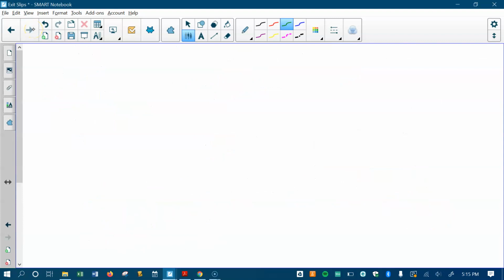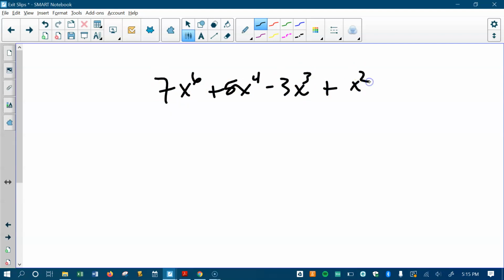And for the final one, because we're already on 24 minutes here, let's take this polynomial. Let's do 7x to the 6th plus 5x to the 4th minus 3x cubed plus x squared. Let's change the numbers. This is bad, hold on. I'm just going to make some slight changes here.